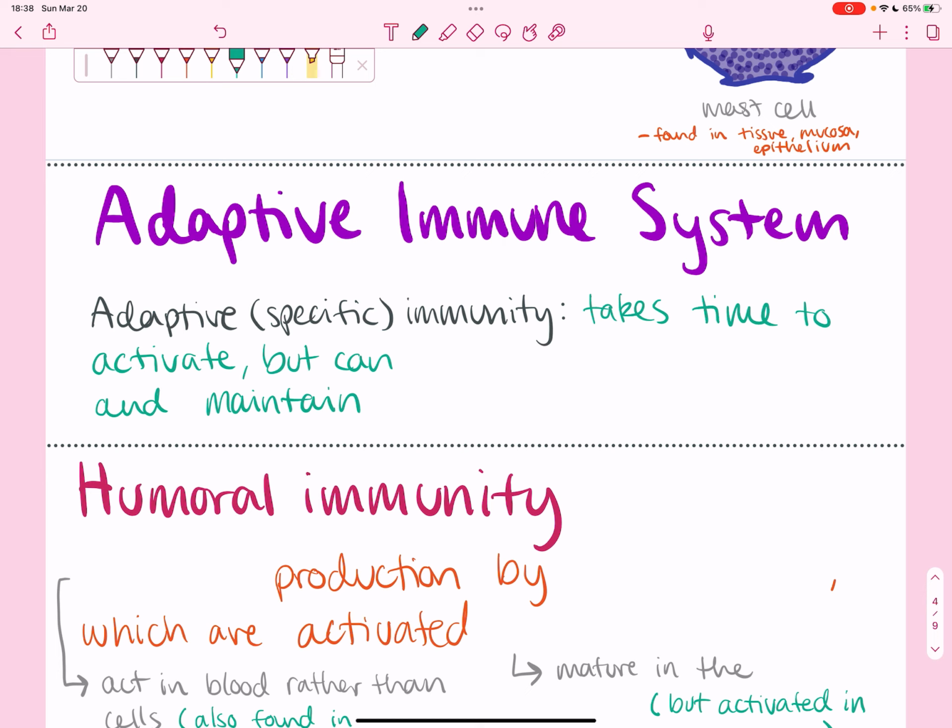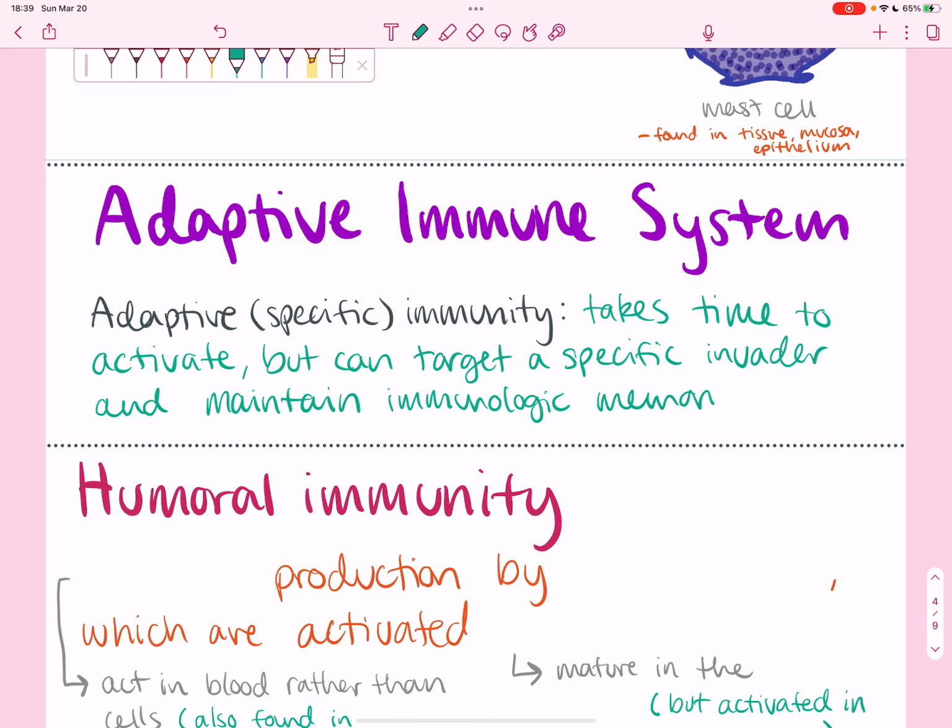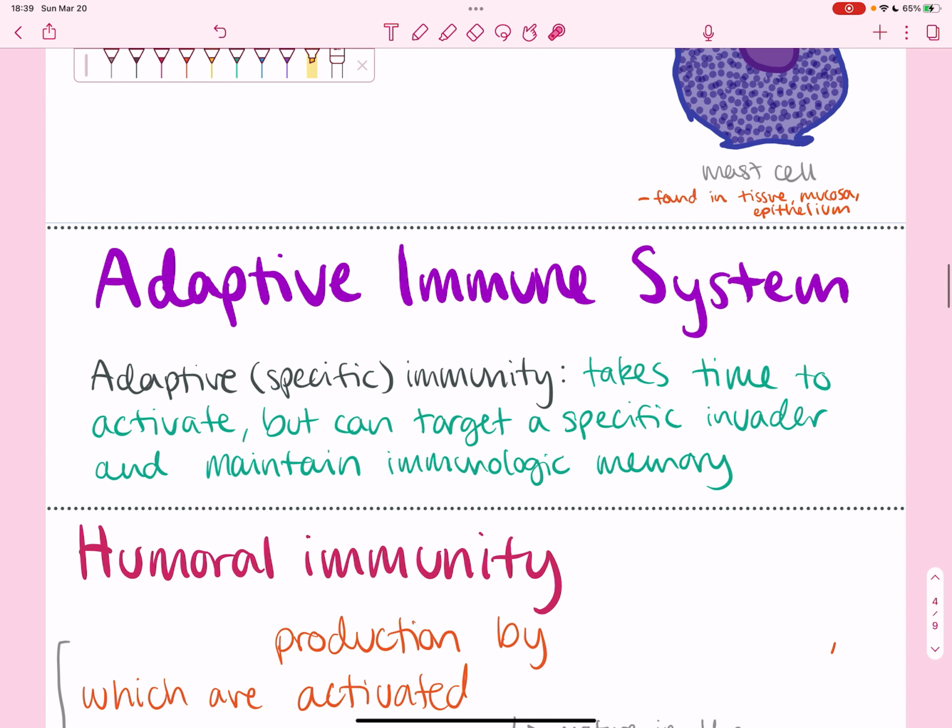But it can target a specific invader, and it can maintain immunologic memory. So this will all make sense in a minute.